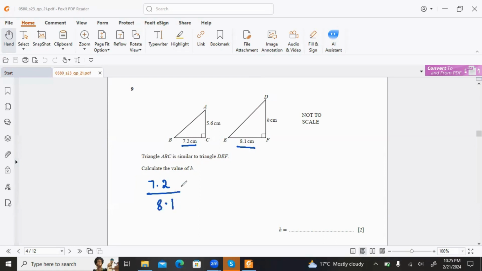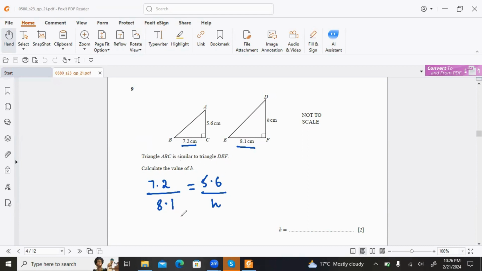Now the scale factor we get by dividing these two should be equal to the scale factor that is enlarging 5.6 into DF, which is h. So in the numerator we'll write 5.6 and in the denominator we'll write h. Always remember, if you're writing a measurement from one triangle, you need to make sure that the fraction on the other side also has a measurement from the same triangle in the numerator. Since we put 7.2 in the numerator, I'm putting 5.6 in the numerator in the other fraction.